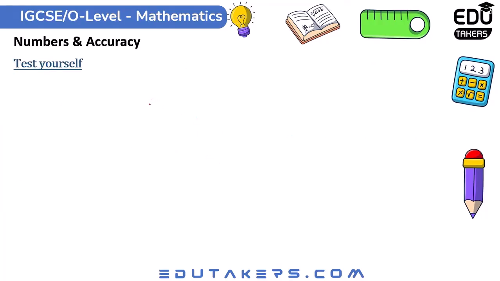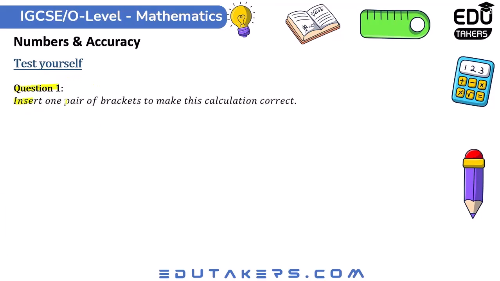Now you have another exercise to solve by yourself. Question number 1 is, insert one pair of brackets to make this calculation correct. Equation is given.